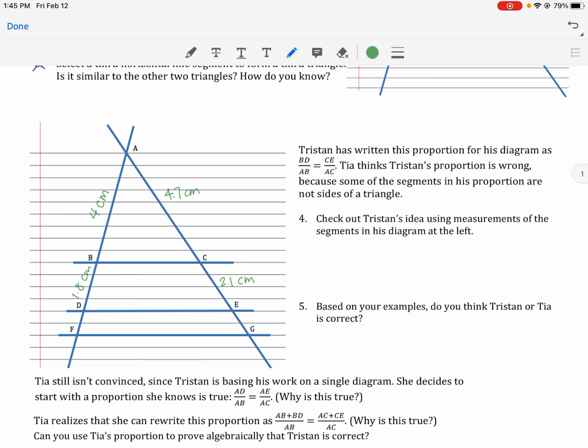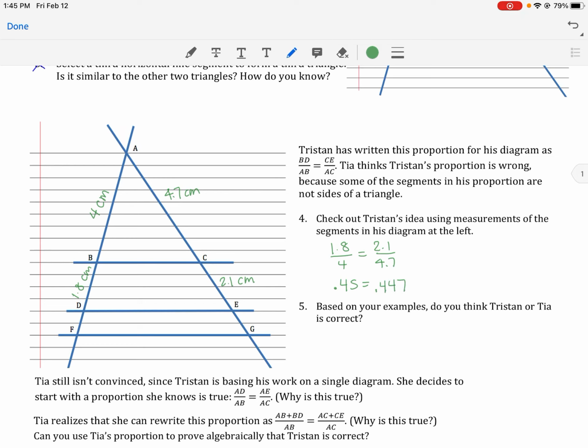If we set it up the same way Tristan had it, we had 1.8 over 4 is equal to 2.1 over 4.7. We wanted to see if those are the same proportions, so we divided on our calculator and got 0.45 on one side, and on the other 0.4467.